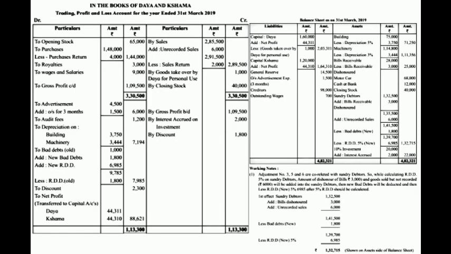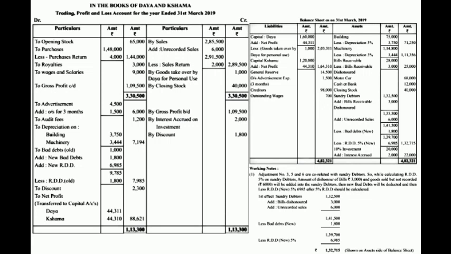And the fifth adjustment has two parts. One is write off 1,800 as a bad debt and maintain 5% RDD on debtor. So always we pass bad debt first, then we will provide RDD. Bad debt is of 1,800. This bad debt is additional bad debt, extra bad debt after the calculation of all the bad debt.